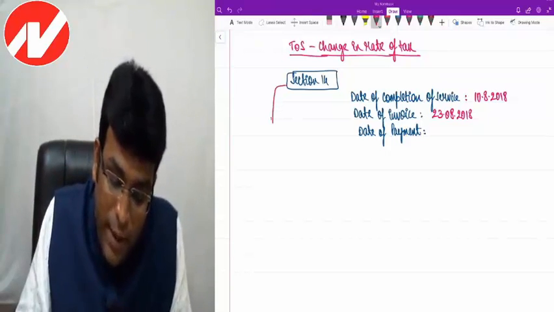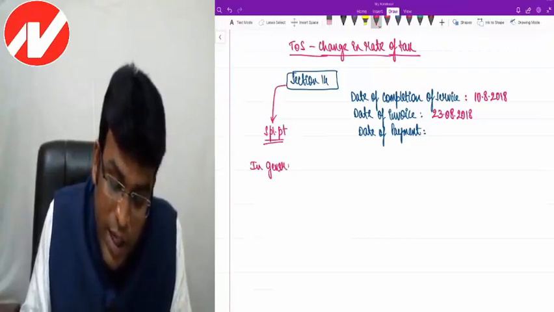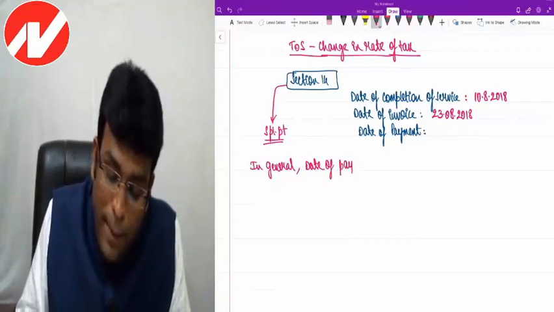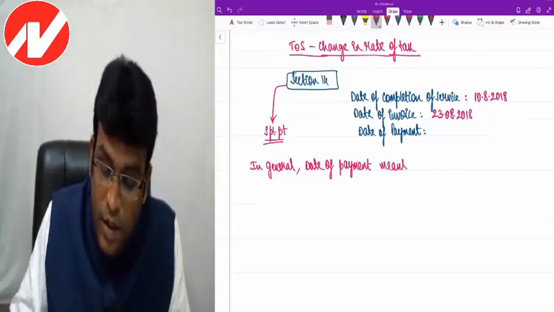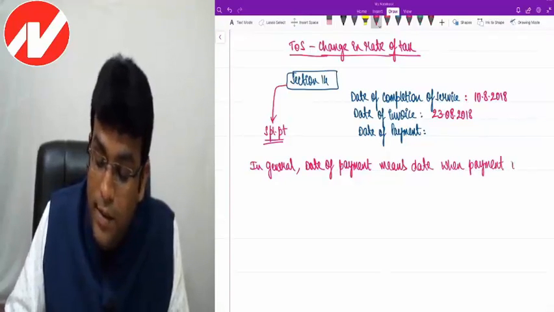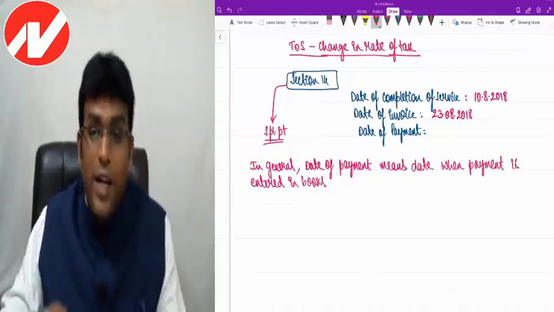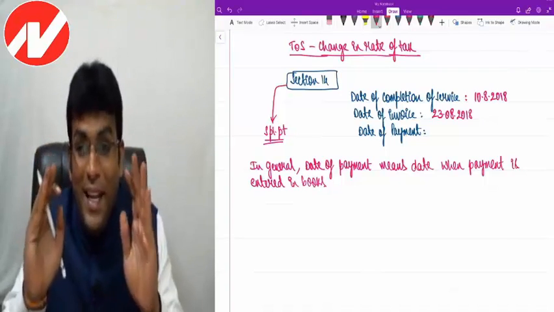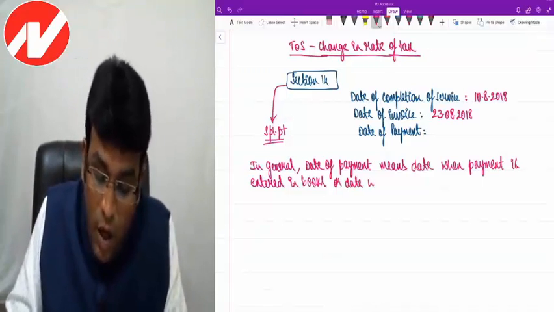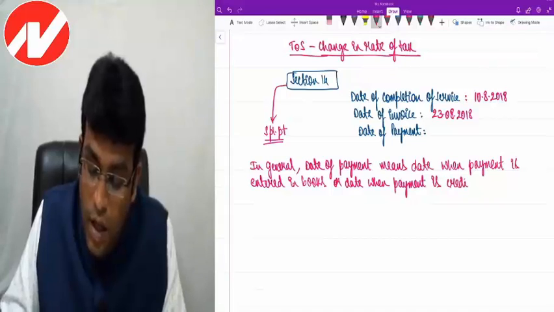In section 14, there is one special point: in general, date of payment means date when payment is entered in the books, or date when payment is credited in bank.